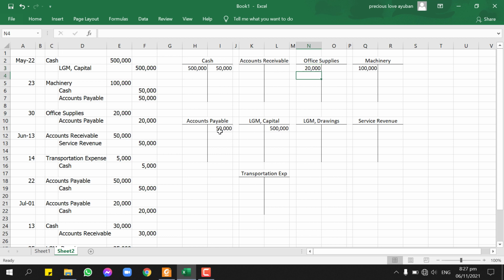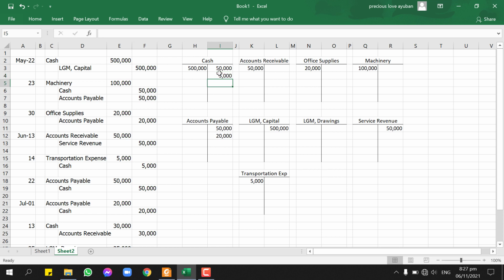And then, meron tayong accounts payable na 20,000 on the credit side. Next, meron tayong accounts receivable, June 13, 50,000. And then, credit tayo ng service revenue, 50,000. Next, 14, transportation expense. Debit, 5,000. And then, cash tayo, credit, 5,000.